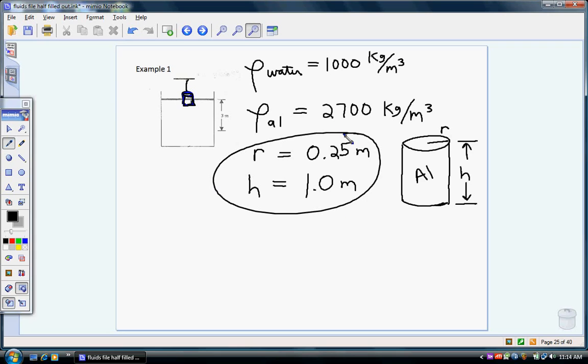The radius of the cylinder of aluminum is 0.25 meters, and the height is 1.0 meters. So it's a rather large cylinder of aluminum. And it's suspended on this string, right there, which is being held from the ceiling.